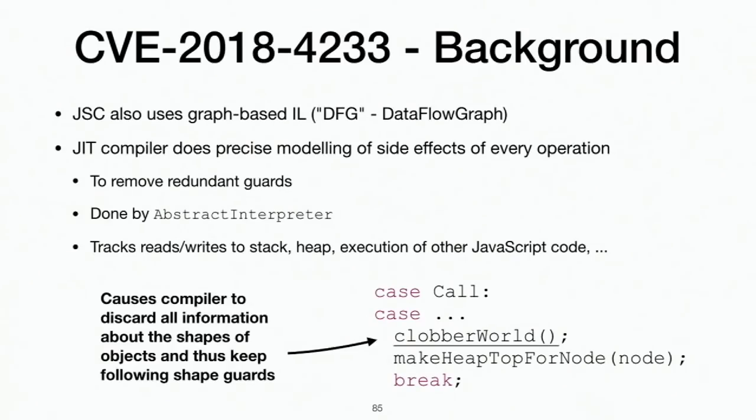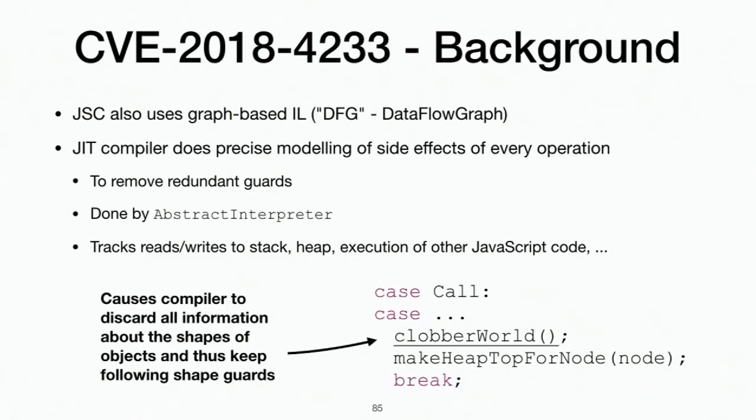Right, so this was JavaScriptCore, the WebKit engine. They also use a graph-based intermediate language. They also do this precise modeling of side effects because they want to do redundancy elimination. In their case, there's a class called the abstract interpreter, which is responsible for doing just that. It tracks all kinds of reads and writes to stack, heap, and so on.